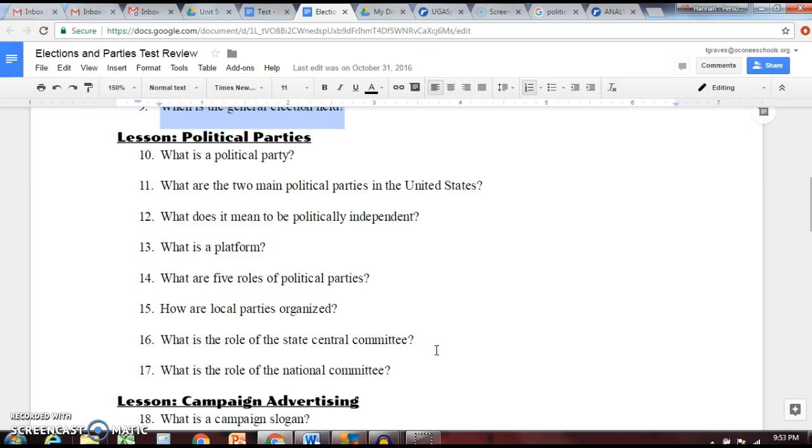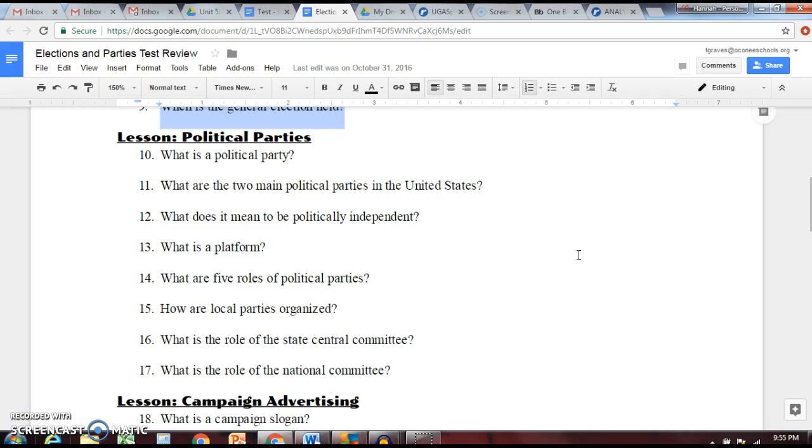Number 13, a platform is a political candidate's statement of beliefs. It could be a statement of beliefs for a political party or a political candidate. What are the 5 roles of political parties? Remember, they want to inform, they want to educate, they want to raise money, they want to nominate candidates, they want to create policy, which is basically pass laws that are based on the beliefs that they have.